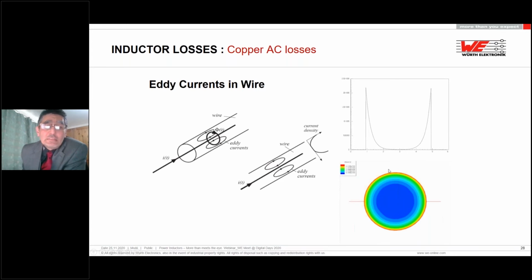What that means is that you will end up with a cross-sectional area of the copper wire with very little current density through the center and most of it on the outside. In other words, that AC current is predominantly being carried on the skin, on the outside area of the copper. So all of this cross-sectional area is meaningless. It's only this sliver at the outside, exaggerating, that you're going to be carrying current through.